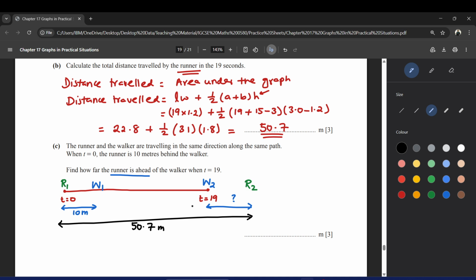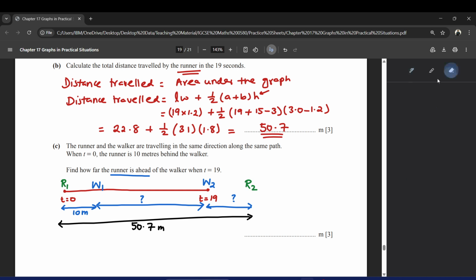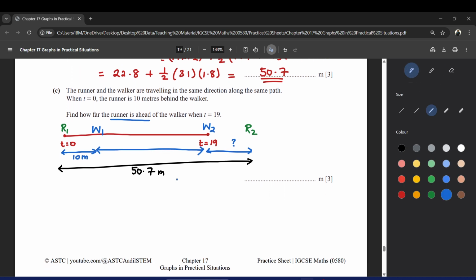From here there's only one missing piece of information, and that is how much distance was covered by the walker. This is the only thing that we need to find out first, and then we can work this one out. So let me calculate how much distance was traveled by the walker.